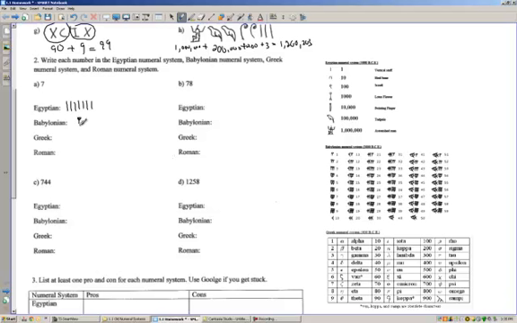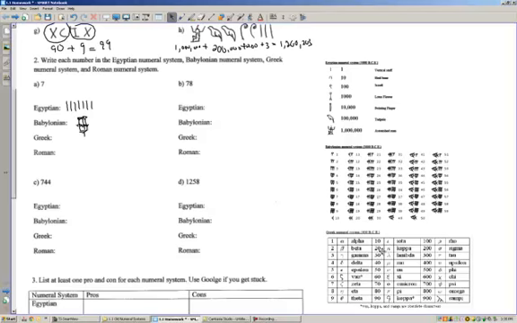So this would be 1, 2, 3. And then it looks like you have 3 more right underneath it. So 1, 2, 3. And then one fat one right there. All right, so that looks like 7 in the Babylonian numeral system.